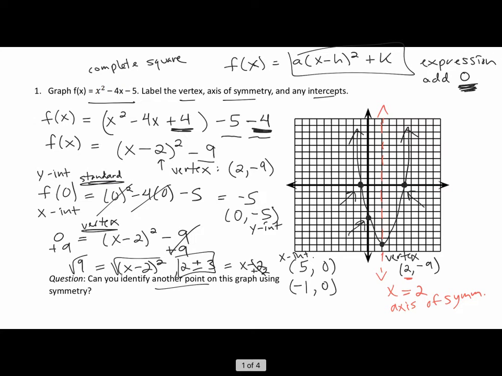So then these points would also be symmetrical. This would have to be in the same spot. If this is 2 units to the left, this is 2 units to the right. And so that point would be 4, negative 5. So 4, negative 5 is another point by symmetry.